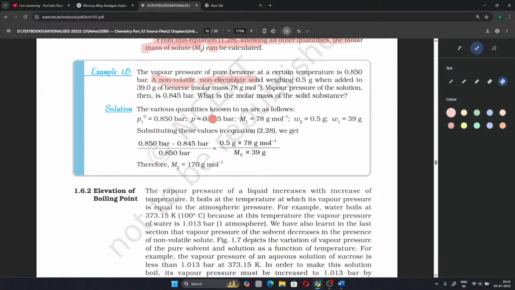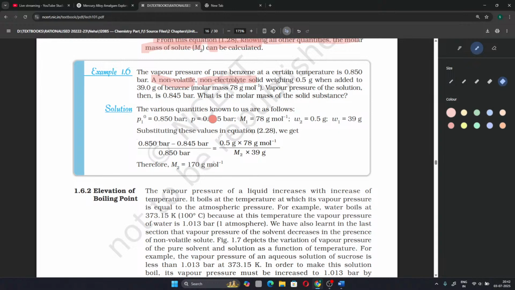So we take it as completely non-volatile, and non-electrolytic, because electrolytic solutes can dissociate. For example, 1 mole of NaCl gives 2 moles of ions, 1 mole of sodium and 1 mole of chloride ions.